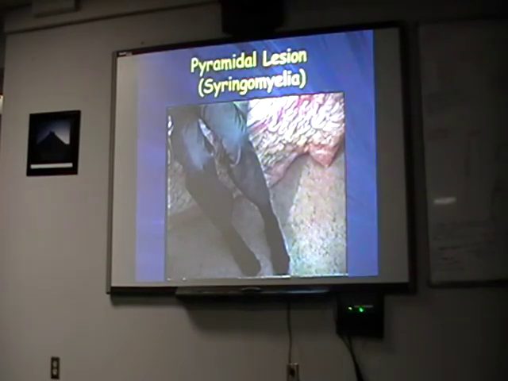So it's having a syrinx in the spinal cord, which is an abnormal pocket of CSF in the spinal cord. And we'll look at this more tomorrow, but quite often it's going to, most often happen in the cervical cord, but they can happen anywhere. But as that expands, it's going to get the corticospinal tracts.